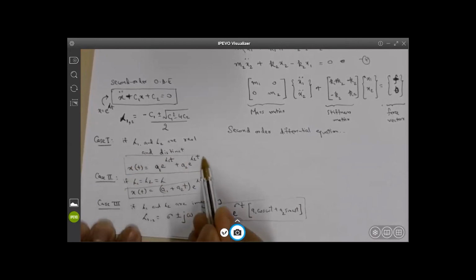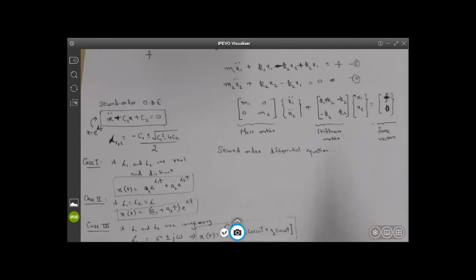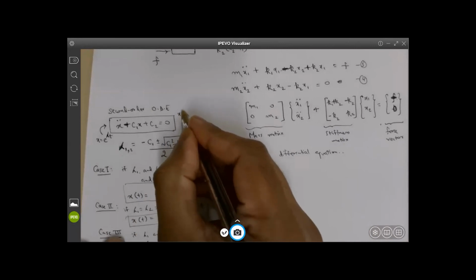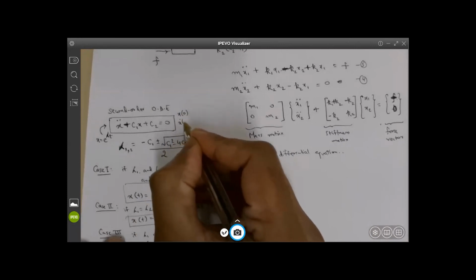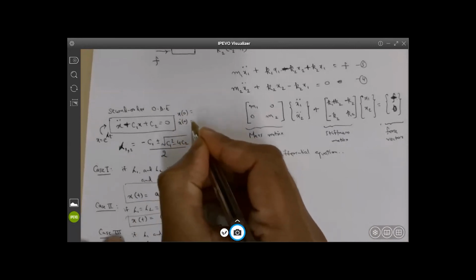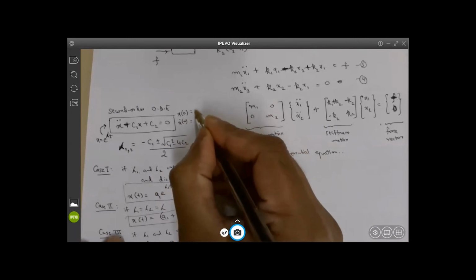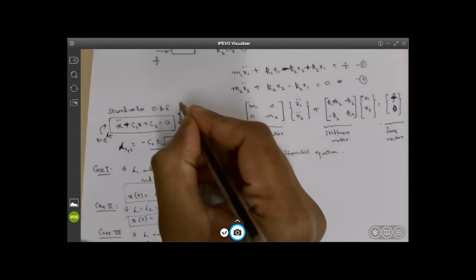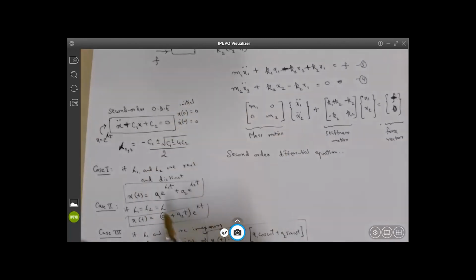Initial values mean the value of x of 0 and the value of x dot of 0, that is, the initial position and velocity. These are the initial conditions required to solve for a1 and a2 in any of these cases.